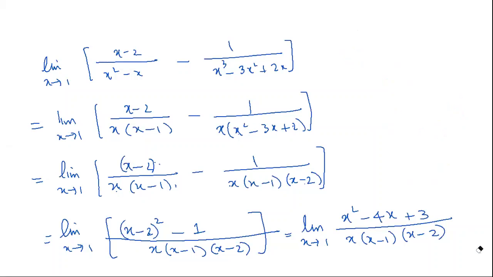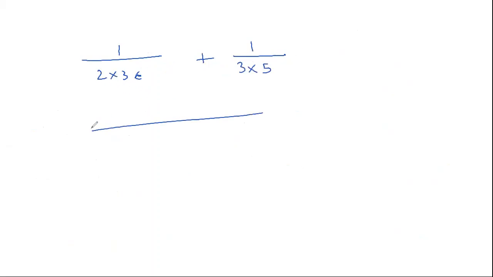First and foremost thing, whenever I'm taking LCM, look at this. 1 upon 2 into 3 plus 1 upon 3 into 5. What is the least common multiple? 2 once, 3 once, and 5 once.